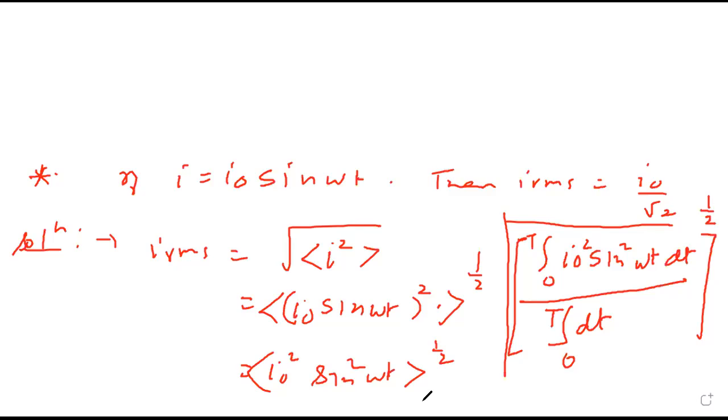Shall I clear it off? Yes, sir. So this is equals to I naught square. IRMS स्क्वायर कर देता हूँ तो बार बार रूट का टेंशन चला जाएगा.